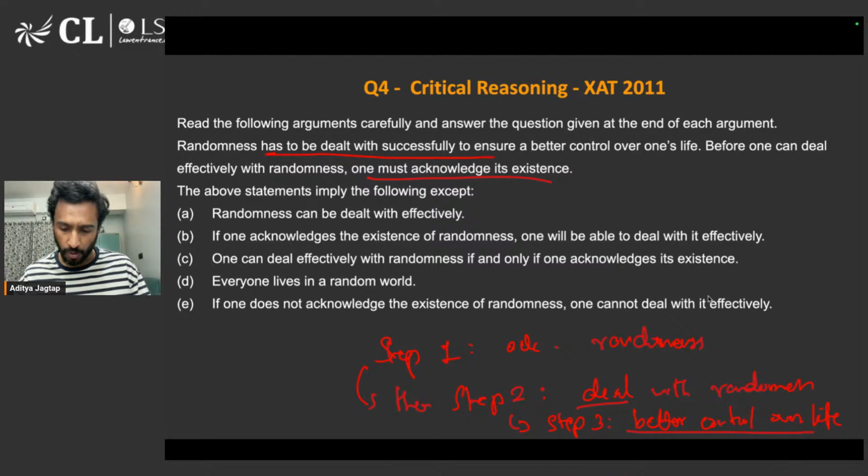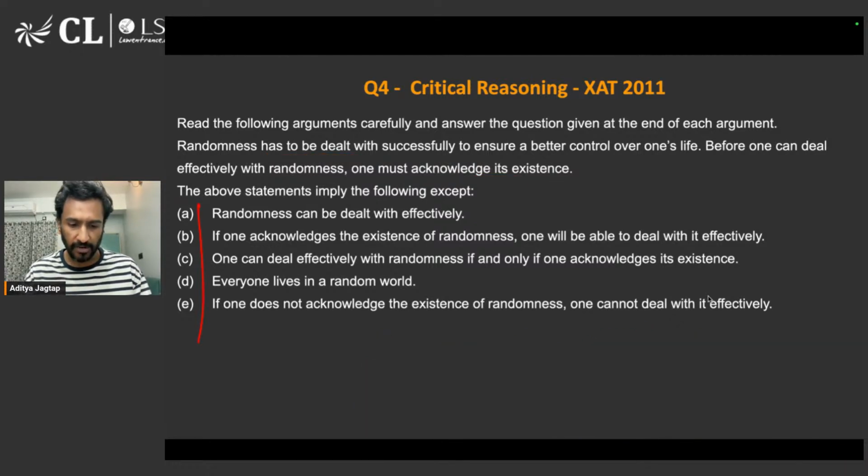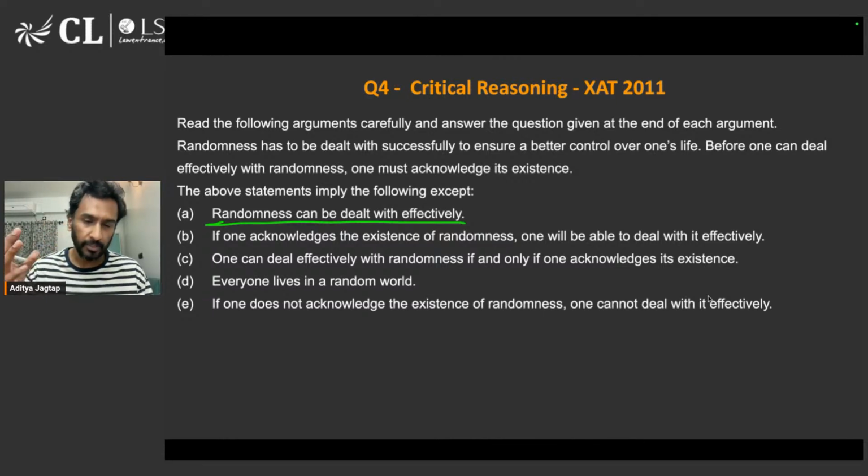There are four options which are valid implications. There is one invalid implication, the exception. We need to identify that invalid inference. So there are four valid inferences or implications, and one invalid inference. That's what we are looking for. Option A: randomness can be dealt with effectively. This is how we have to deal with inference questions in RCs or in critical reasoning.